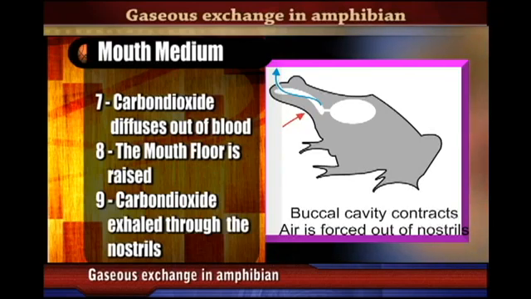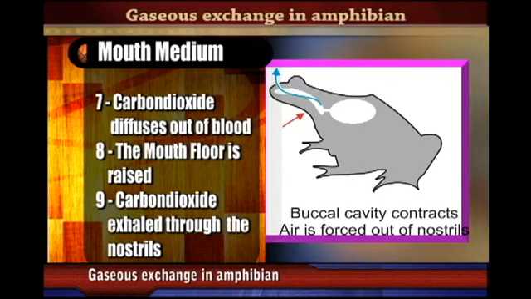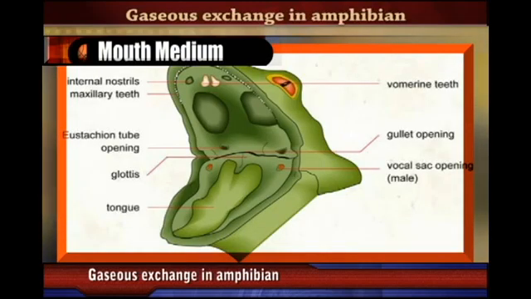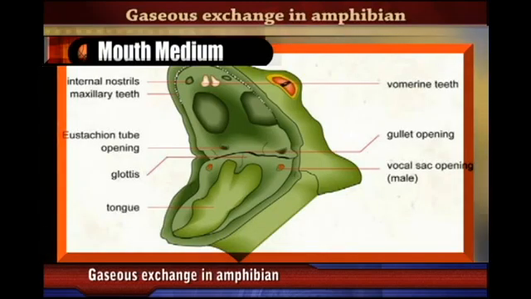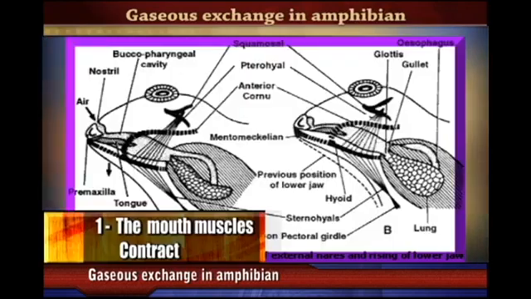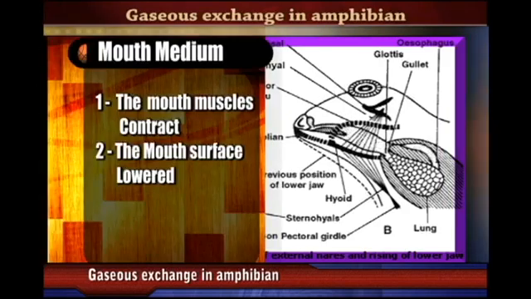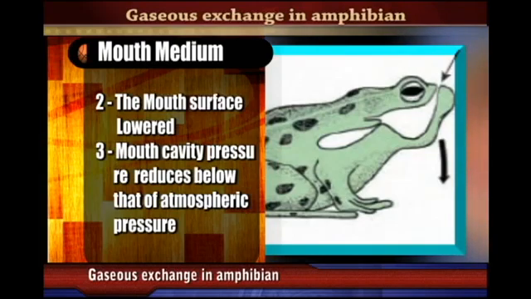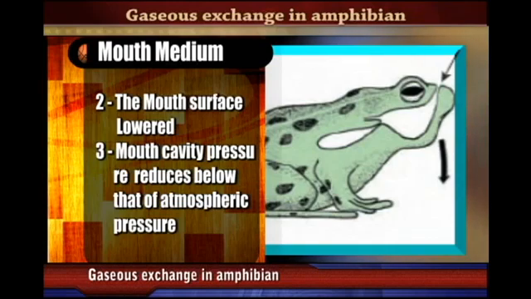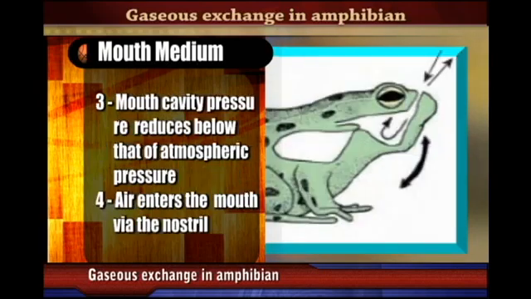What we are saying is that gaseous exchange in the mouth cavity, or what we call the buccal cavity, is due to the muscle contraction of the mouth. When the muscles contract, they lower the pressure in the mouth cavity. Because the pressure in the mouth cavity is lowered below that of the atmospheric pressure, air is forced to enter the mouth cavity via the nostrils.